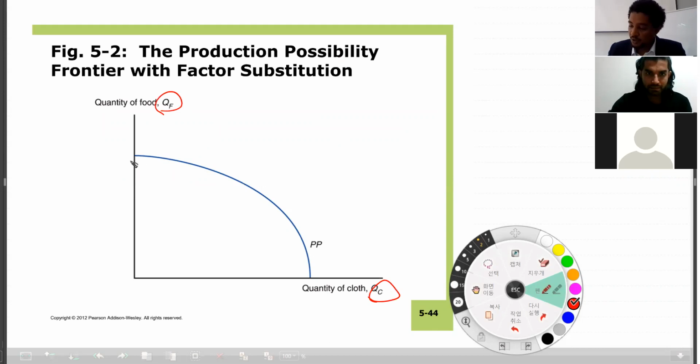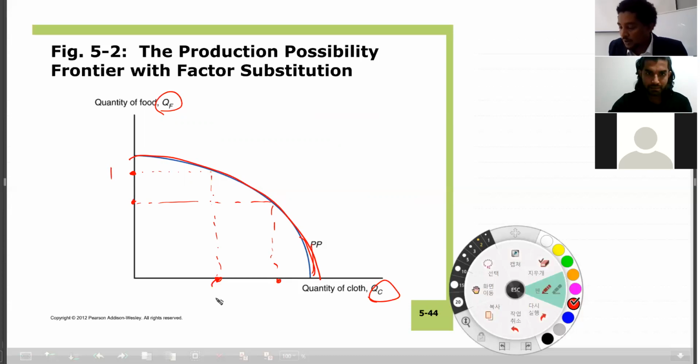Then if the graph is like this, bowed, then we can see that, for example, if we have this quantity of food, we will have this quantity of clothes, right? And if we have less food, around here, then this will be our quantity of clothes.